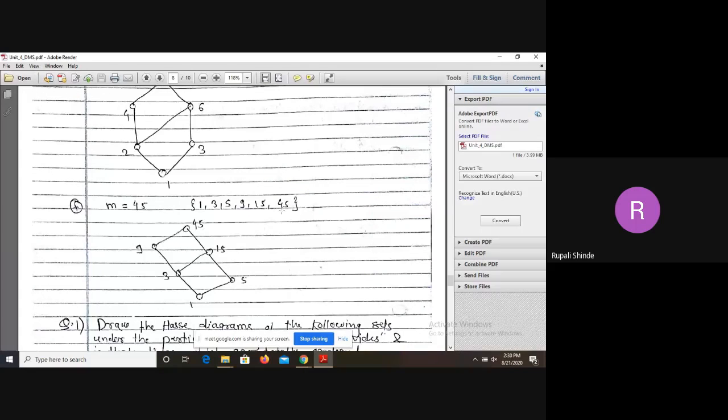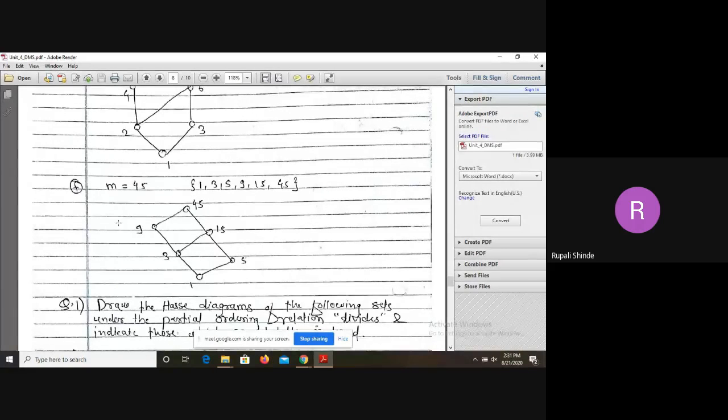And the last one is 45. For this 45, 9 and 15 are the dividers, as well as 3, 1 and 5, because these are connected by direct lines. So this is the Hasse diagram if the value of m is 45.